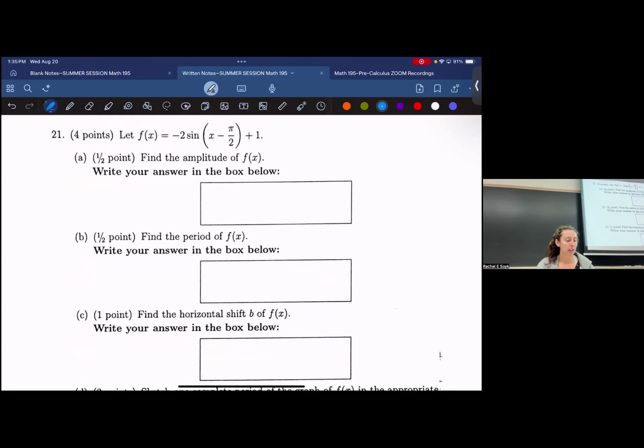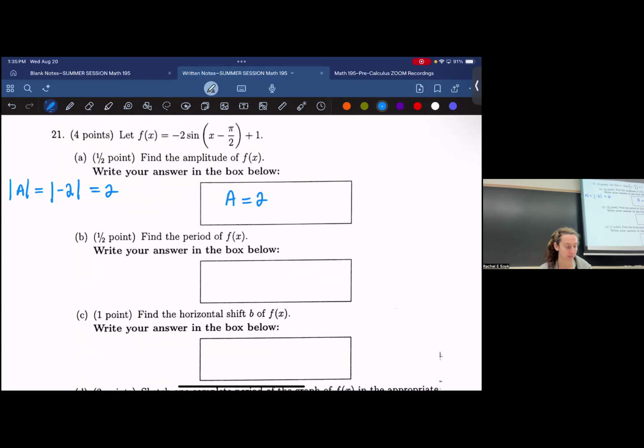So we have f of x equal to -2 sine in parentheses x minus pi over 2, plus 1. What's our amplitude here? Not -2. Yeah, +2. It's the absolute value of your A value. So our amplitude is 2.